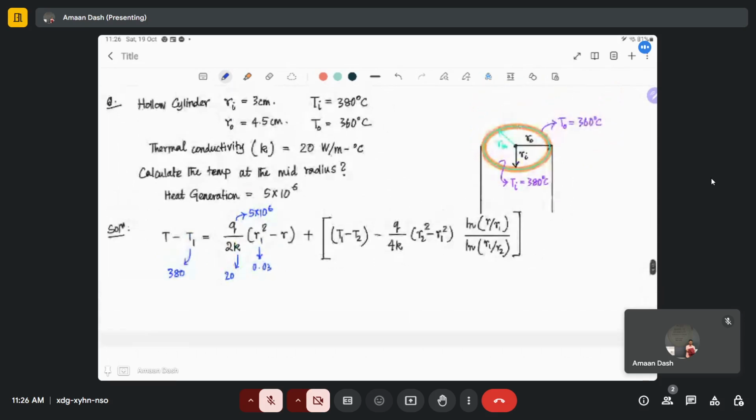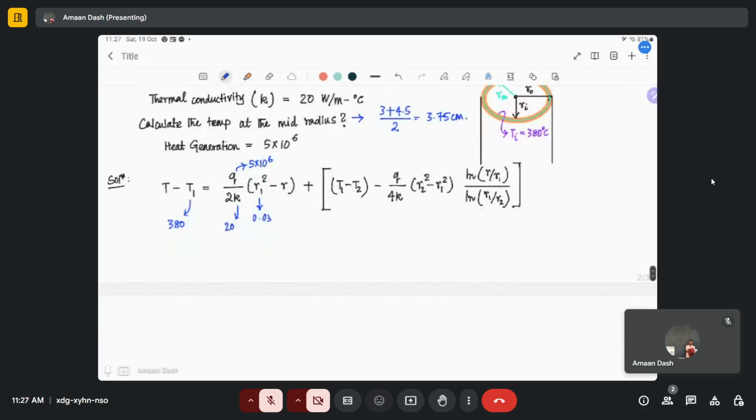The mid radius is 3 plus 4.5 divided by 2, that is 3.75 centimeters, so 0.0375.